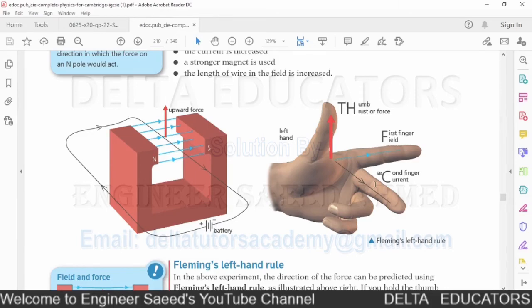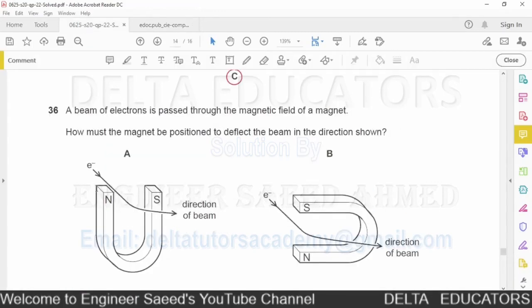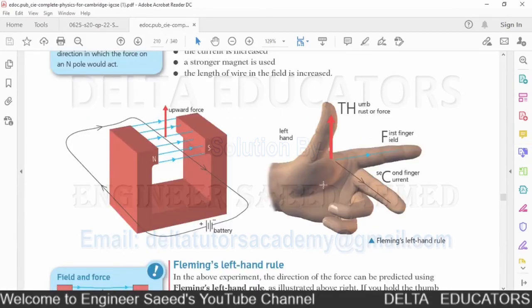Now here, for the electrical charges, he considered positive charges. Since here we have negative charge, it is electron, so the direction will be in the opposite direction. Means here for the direction of the electrical charges we will consider the opposite direction as shown here.